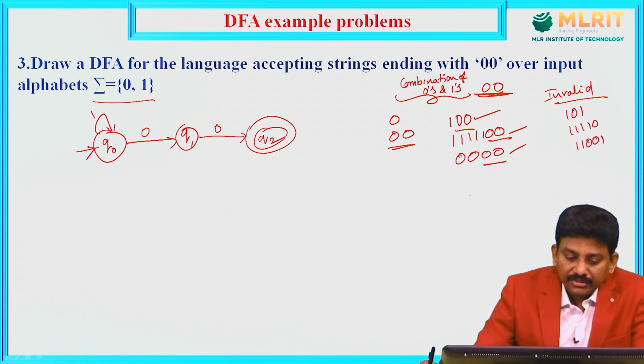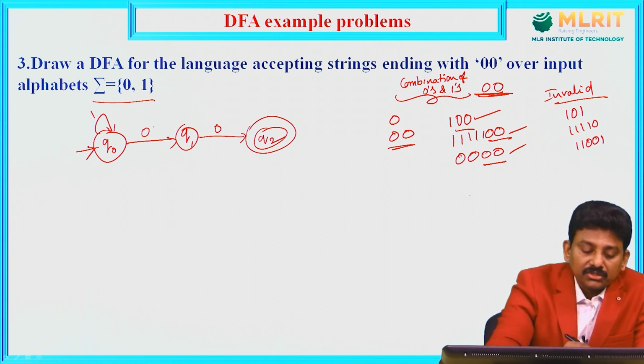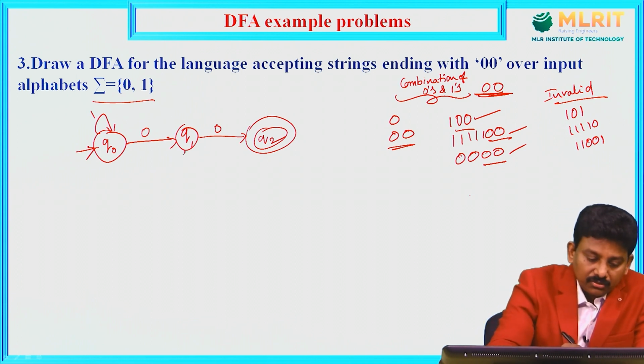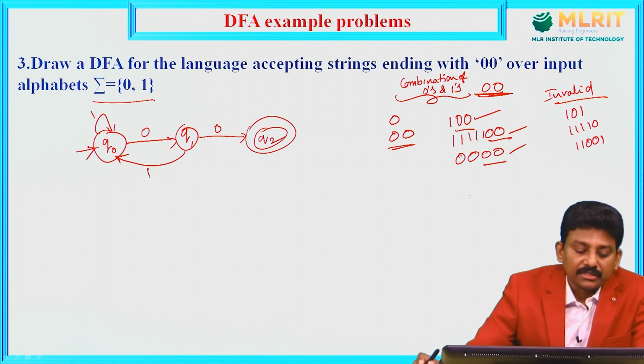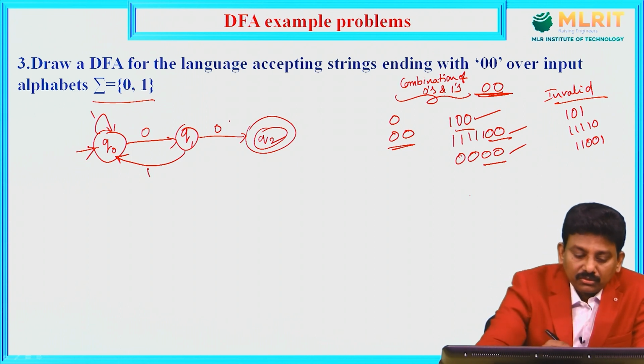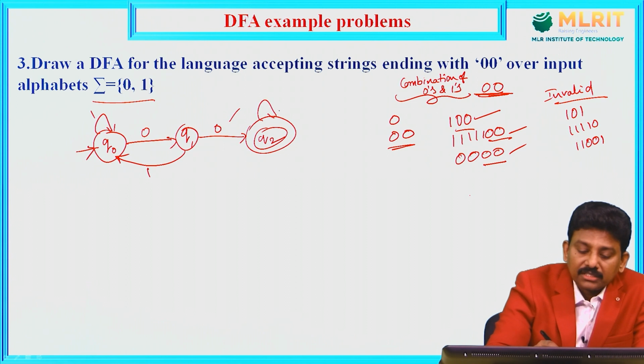Then in Q1, if you read 1, 1 is not a prefix of 0 0, and the previous symbol is 0 and the current symbol is 1, that is 0 1, which is also not a prefix of 0 0. So I have to go to the previous state for 1. In Q2, if you read 0, the previous symbol is 0 and the current symbol is 0, that is 0 0, a prefix of 0 0, so I stay in the same state.